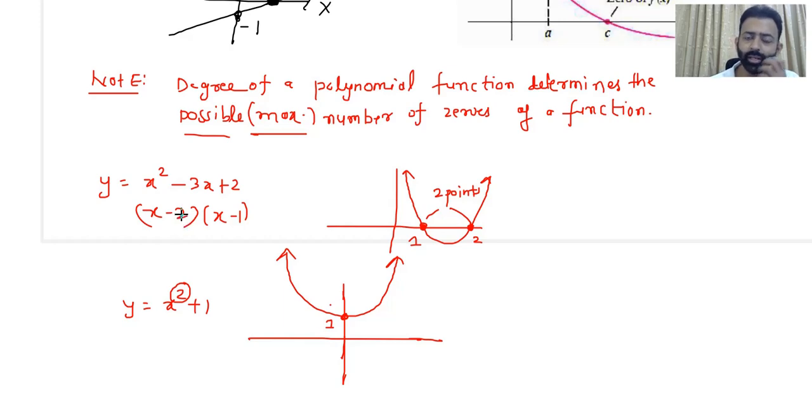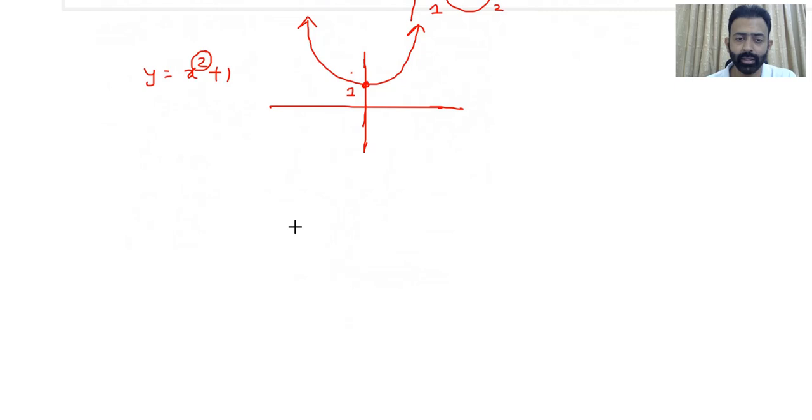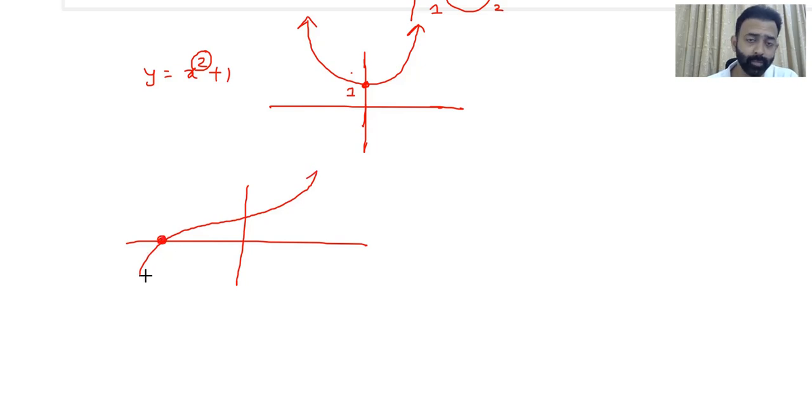Similarly, a cubic can have a maximum of 3 roots. It is not necessary that a cubic function will always intersect the x-axis three times. I'll give you one example graphically: there are certain cubic functions which intersect the x-axis at only one point and keep on increasing. And there are cubic functions which may intersect the x-axis at 3 points.